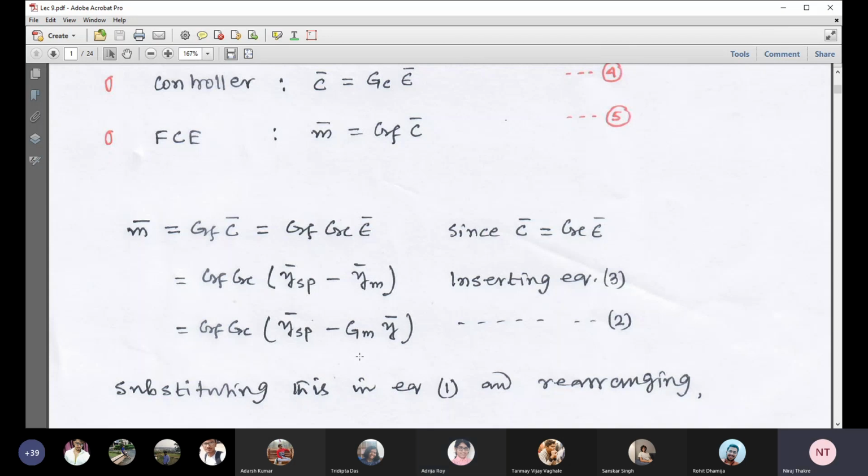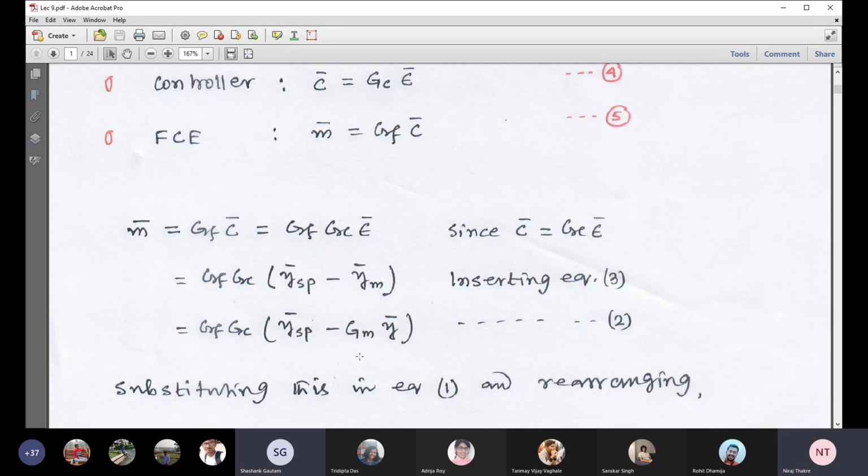I repeat again, you get the final form in this way. Y equal to something multiplied by YSP plus something multiplied by D. Sir, it is GP GF of S GC of S multiplied by YSP minus GM of S plus GD of D bar S.